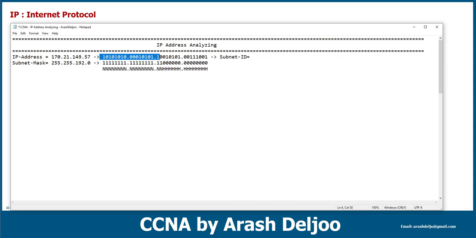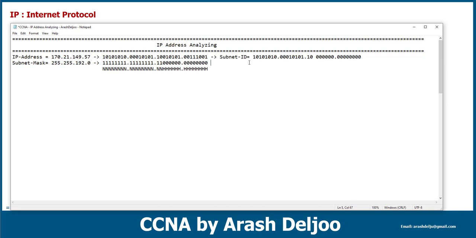I can copy this part. This is the network part of the IP address. After that, instead of the host bits, we can use 0. Let me use 6 0 here, 1 2 3 4 5 6 dot, again 8 0s. That's it. Now we have the subnet ID.